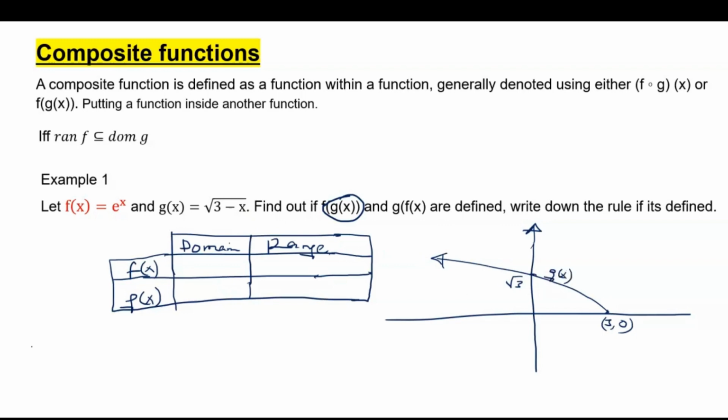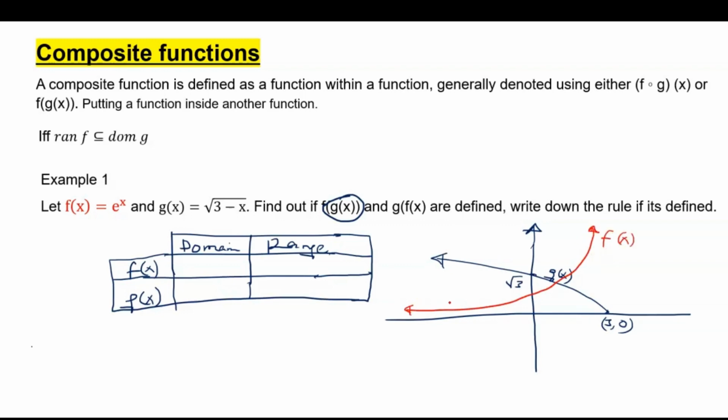Let's use a different color. All right, now if I label the other one, which is the exponential function, it's going to be something similar to this. And that is my f of x.